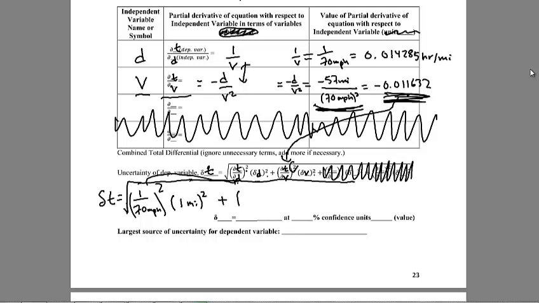I'm also then going to add to it the uncertainty that I would expect to see in my time because of uncertainty in my velocity. So that's where I'm going to take this term here, which is this partial, and that's going to be negative 57 over 70 miles per hour. The 70 miles per hour is squared, and the negative 57 over the 70 miles per hour squared is also squared.